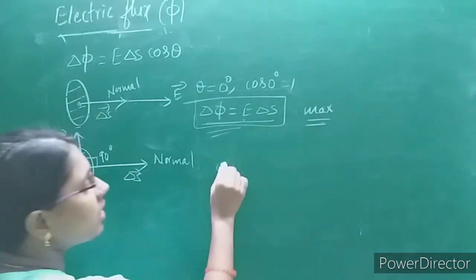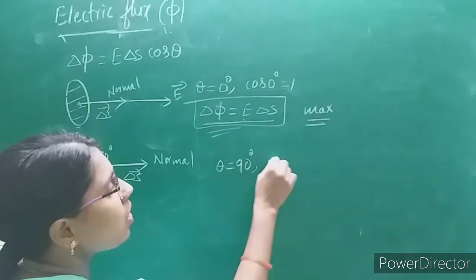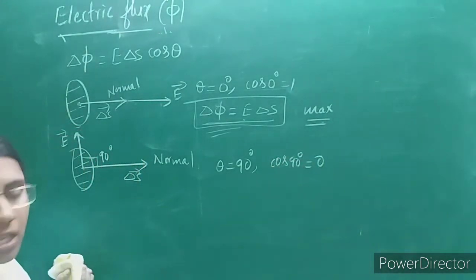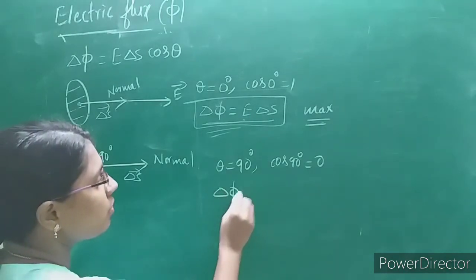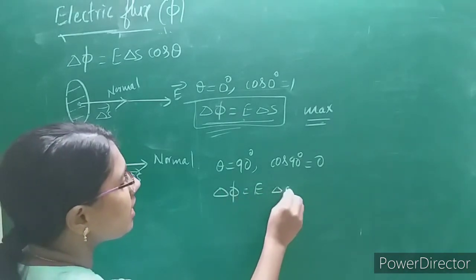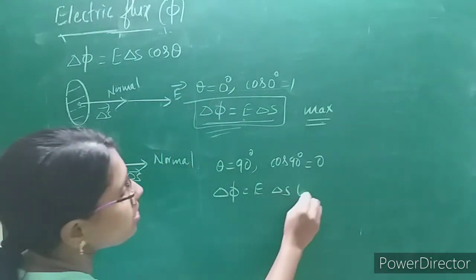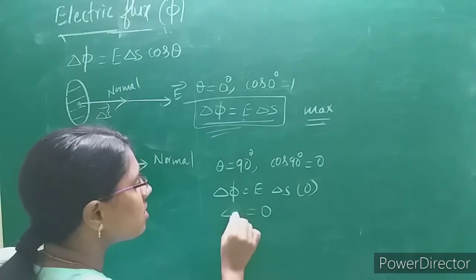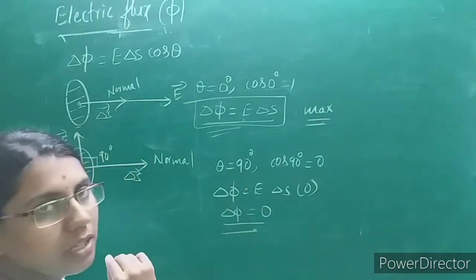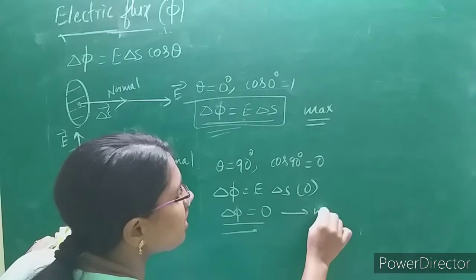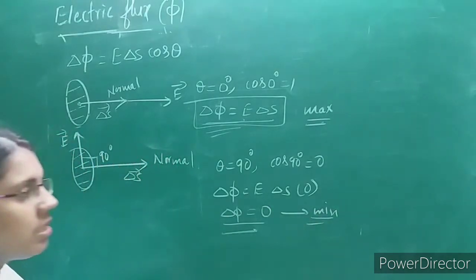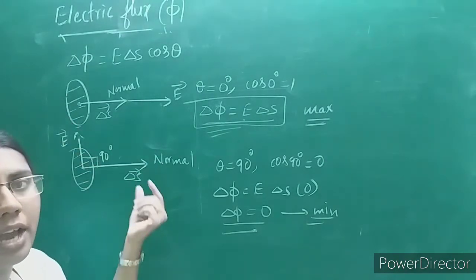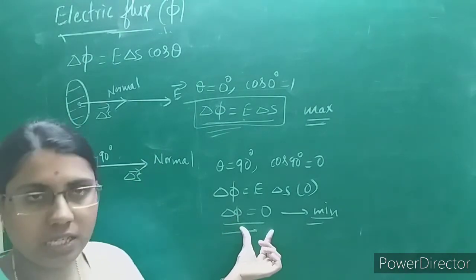Then if theta is 90 degree, cos 90 value will be equal to 0. So delta phi is equal to E delta S into 0. 0 multiplied by anything is 0. See here, flux is 0. That means the total electric flux is minimum. That's why we say if the electric field is perpendicular to the direction of normal, then flux is minimum.